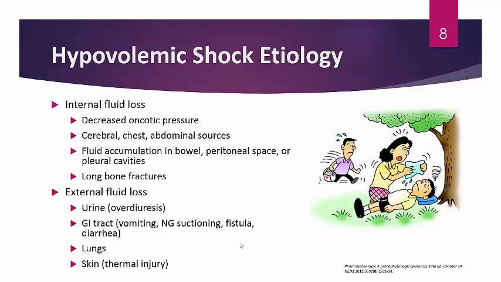So talking a little bit more about the etiology. Remember, hypovolemic shock involves some kind of blood, plasma loss, fluid loss, or some kind of shifting of fluid within the body. It can be either an internal fluid loss or an external fluid loss. Things that comprise internal fluid loss would be decreased oncotic pressure. Remember, oncotic pressure is the pressure that is exerted to pull fluids into your vasculature so that blood can flow throughout the body.